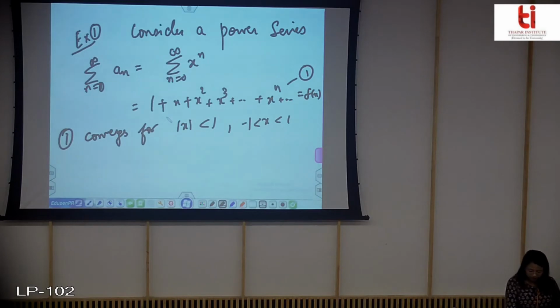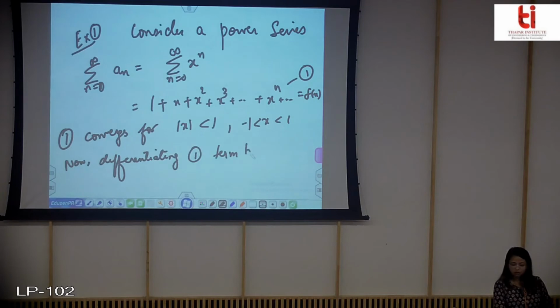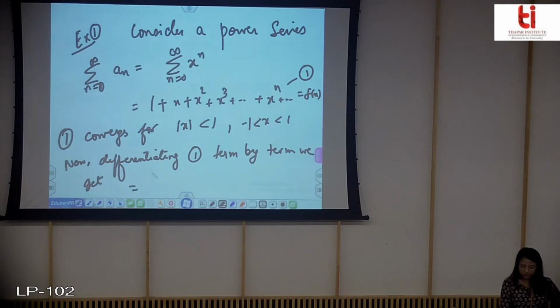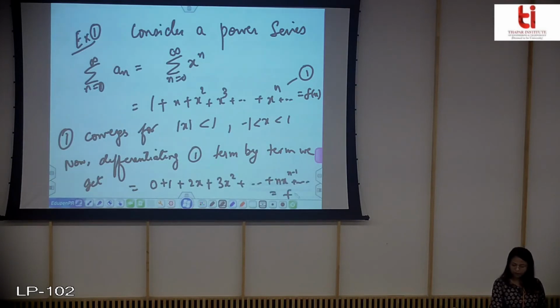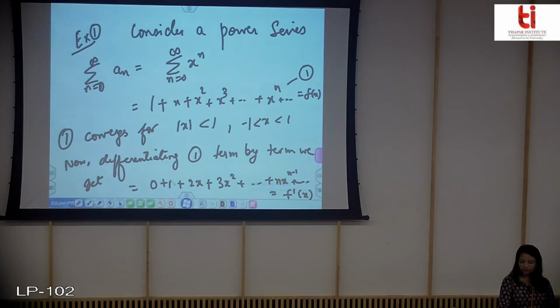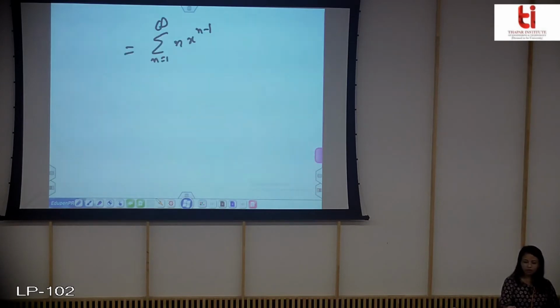Now differentiating term by term, obviously we are differentiating on the right hand side term by term, so this will be our f dash x, which will be equal to, you can easily see, summation of n x to the power n minus 1.